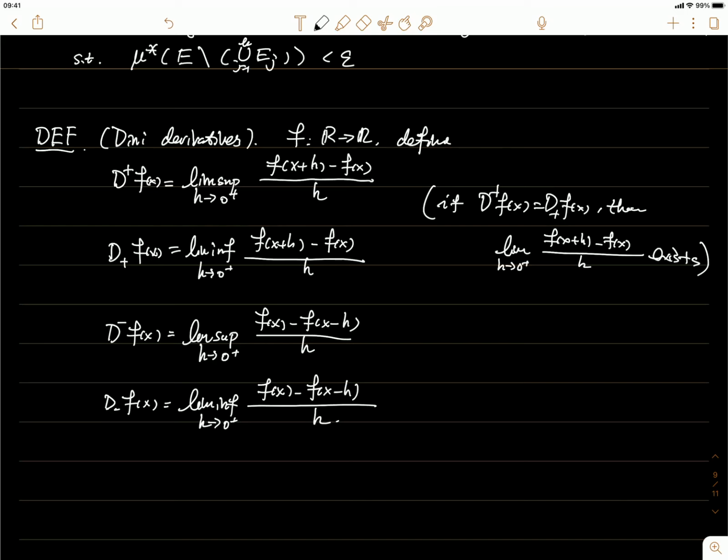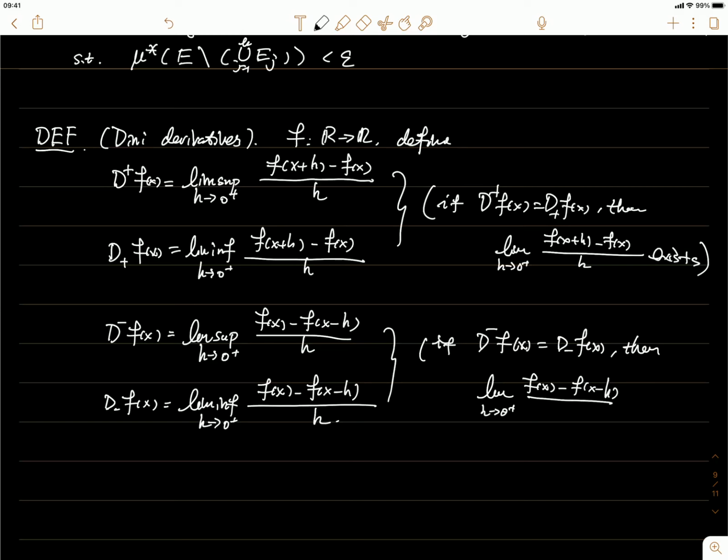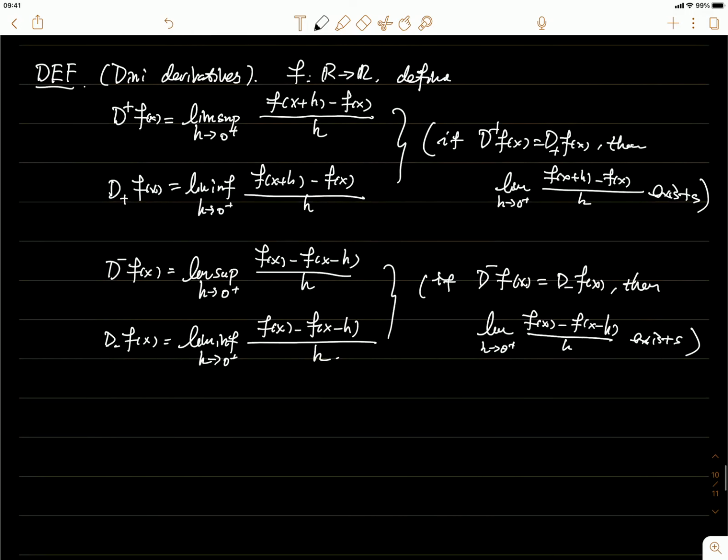Again, if these two are equal, then we know that the limit exists, and this value is called the left derivative of the function f at the point x.